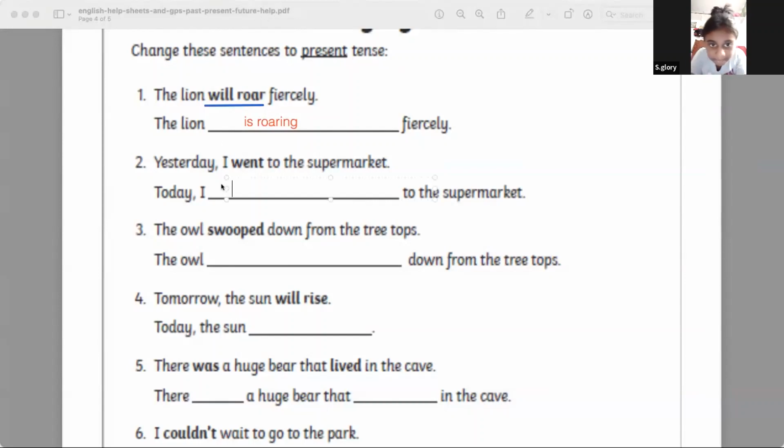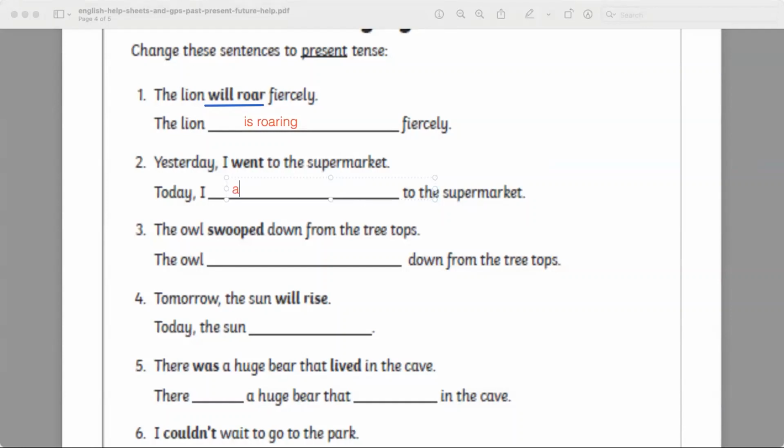Question 2. Today I go to the supermarket. Very close. Today I go to the supermarket.